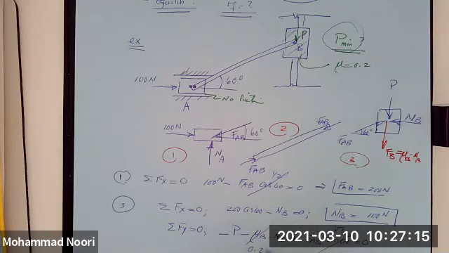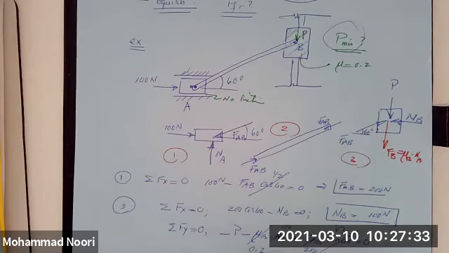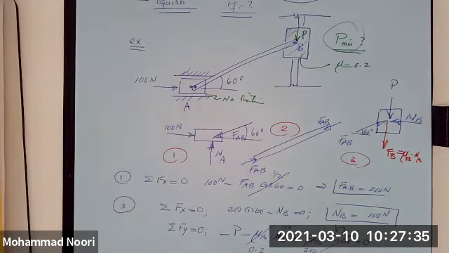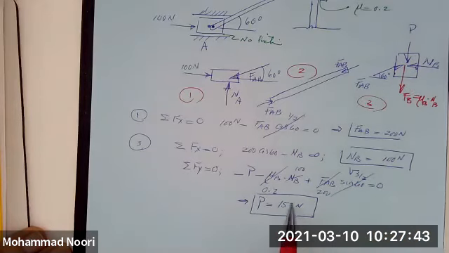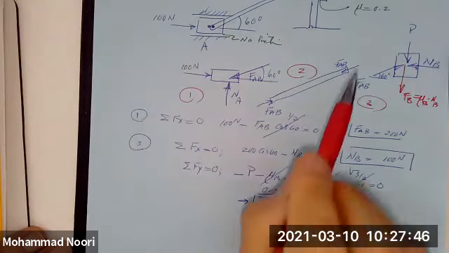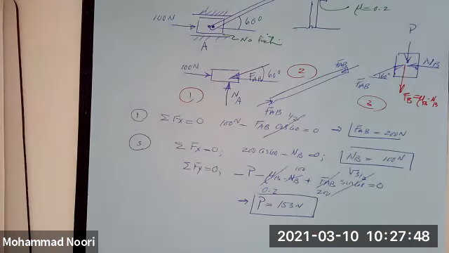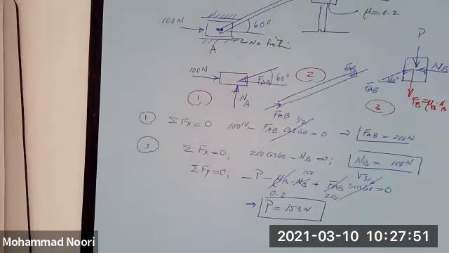And this is 100. And of course, F of AB was 200. So I solve for P from here, and I get P to be 153 Newton. So for keeping this in equilibrium, you need to apply a force of 153 Newton so that this system will stay in equilibrium. Any questions?